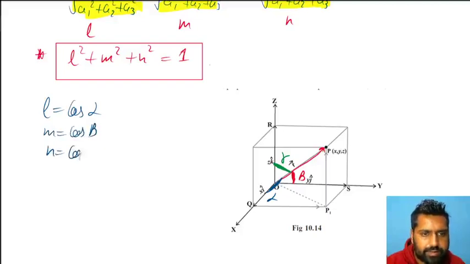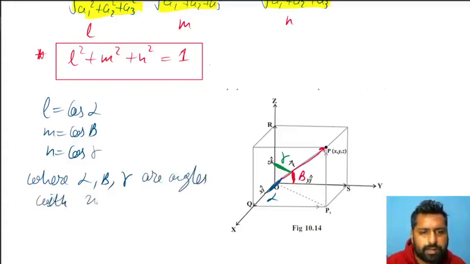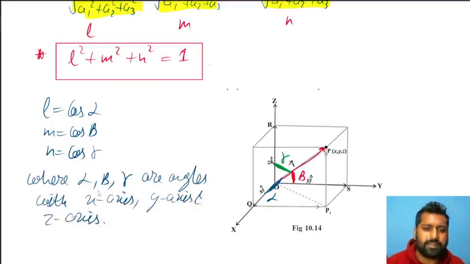N is cos gamma. Where alpha, beta, gamma are angles with the x-axis, y-axis and z-axis. So they are basically angles.